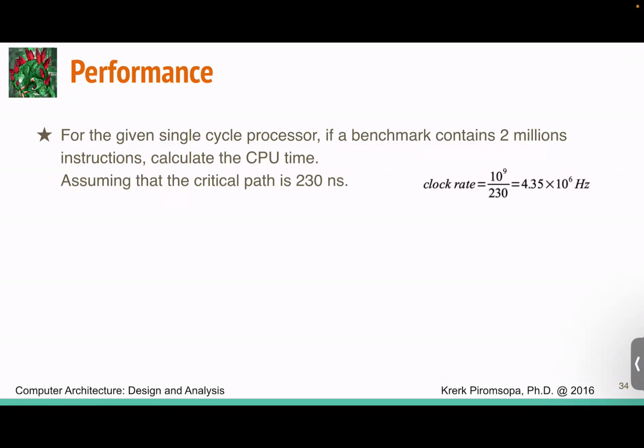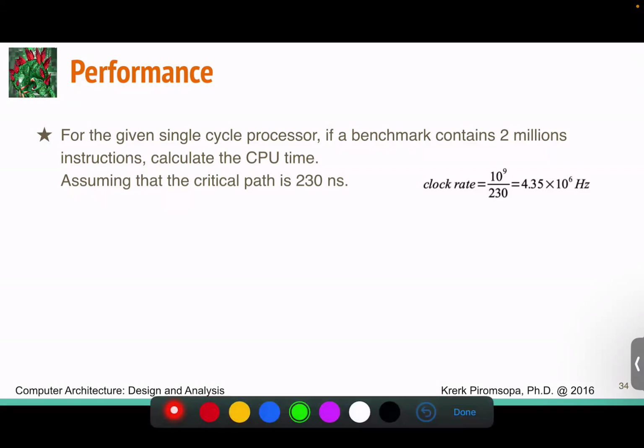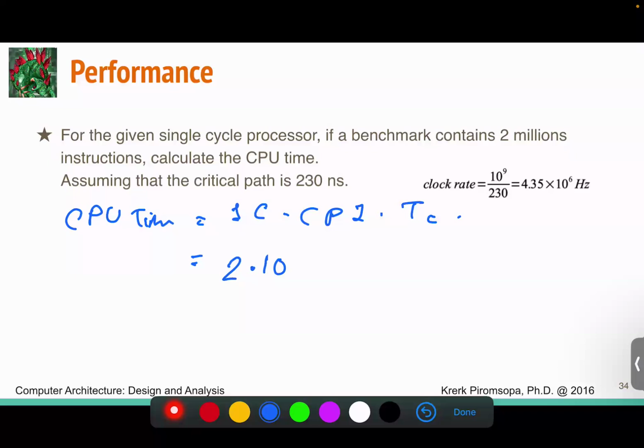So how does it work? This is 2 million, 2 times 10 to the 6.